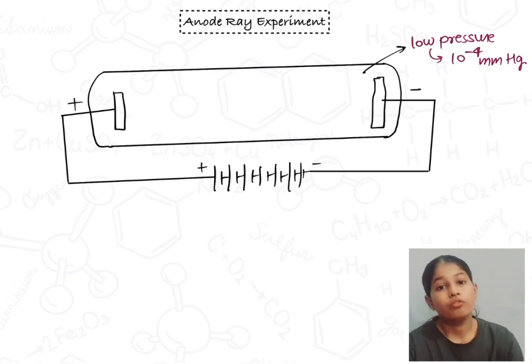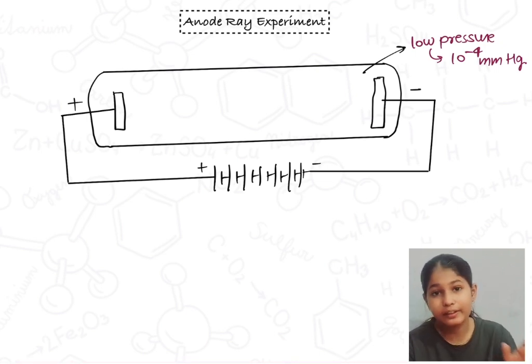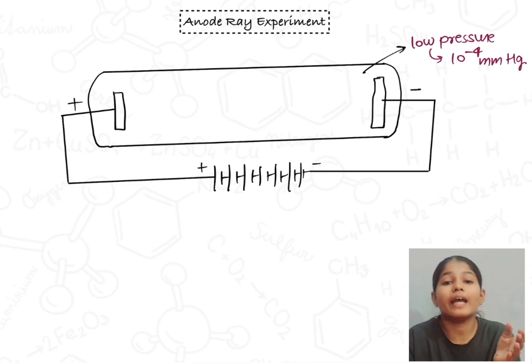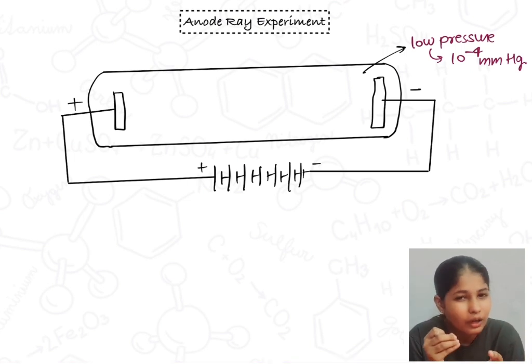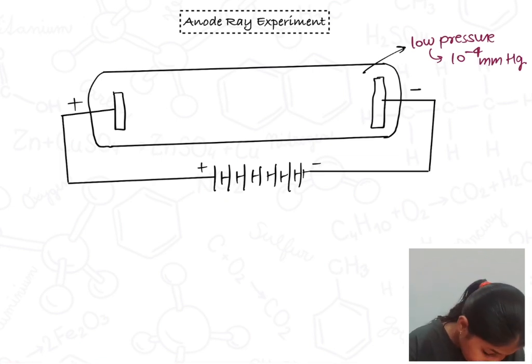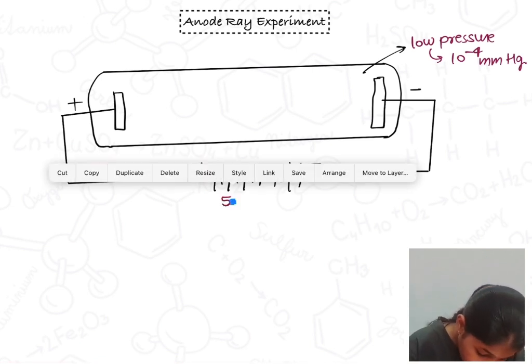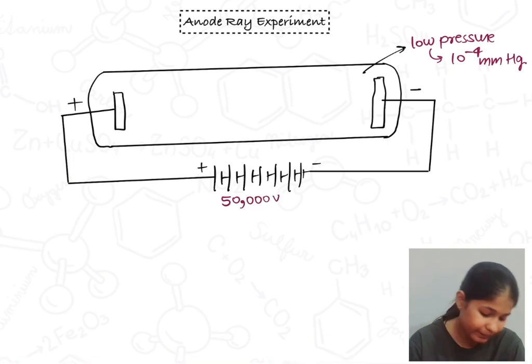Now, what was the difference between the anode ray setup and the cathode ray setup? Yes, when you increase the electrical supply from 10,000 to 20,000 to 50,000, means if you supply electricity of about 50,000 volt, then what happens?